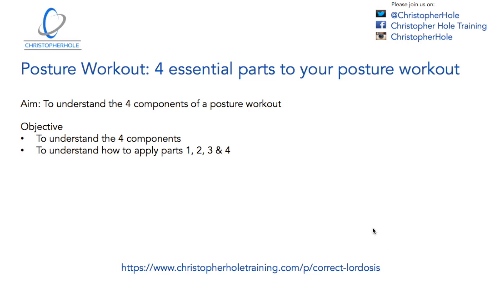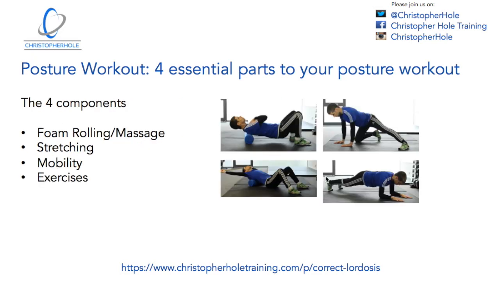So coming back to today's tutorial, first of all, the 4 components of your posture workout. What I recommend a posture workout to look like from start to finish: Component 1 is to foam roll and to massage. Component 2 is to stretch.